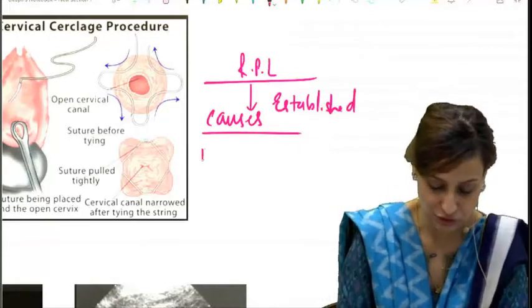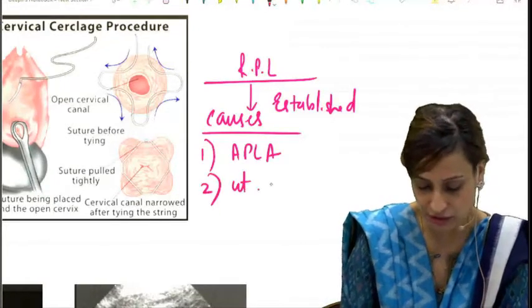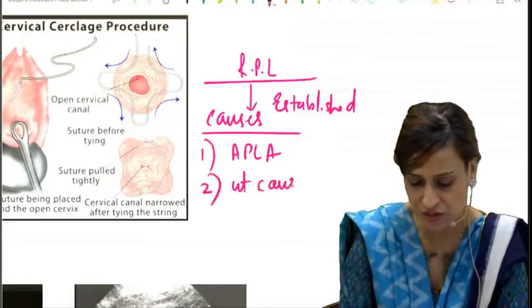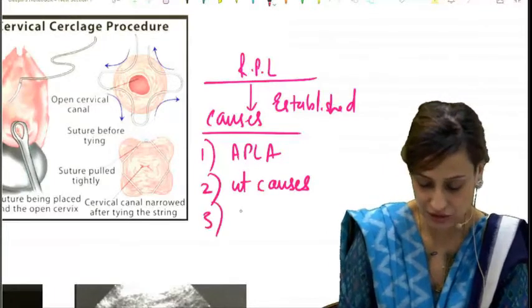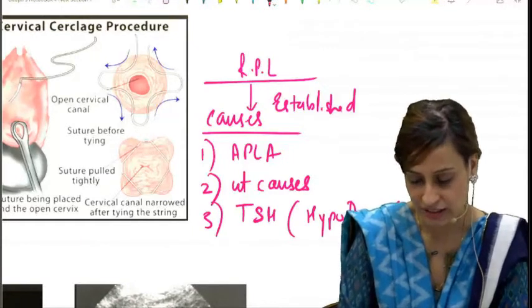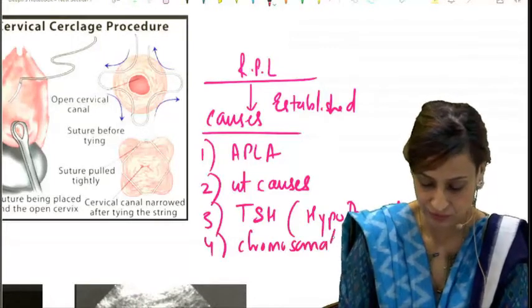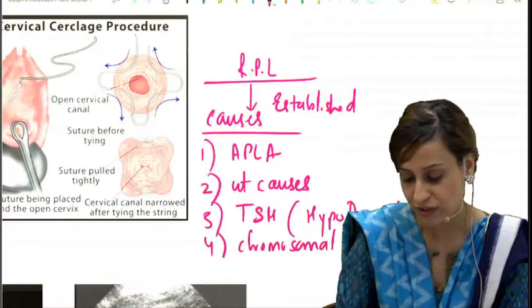These are APLA, uterine causes, hypothyroidism, and chromosomal anomalies. This is also in the order of the leading cause.